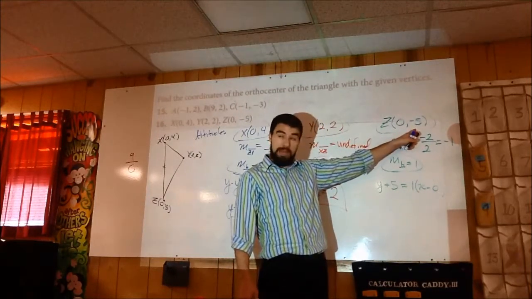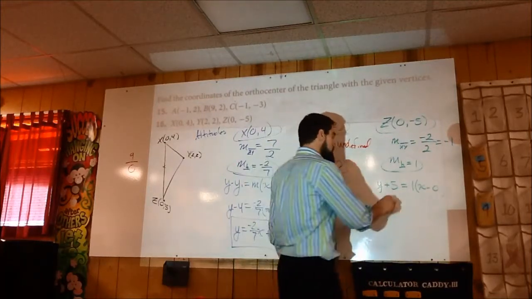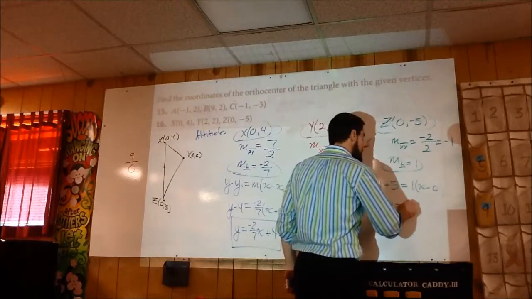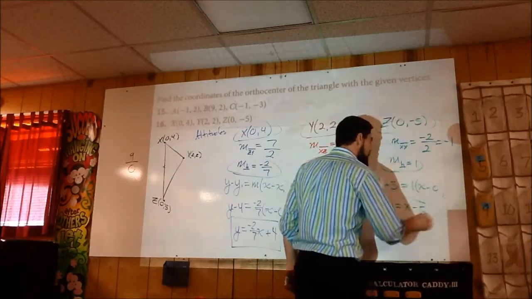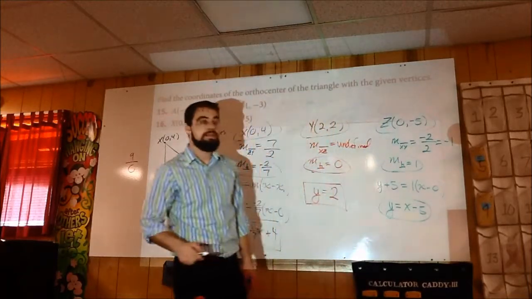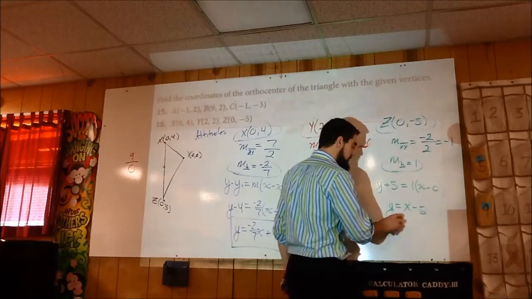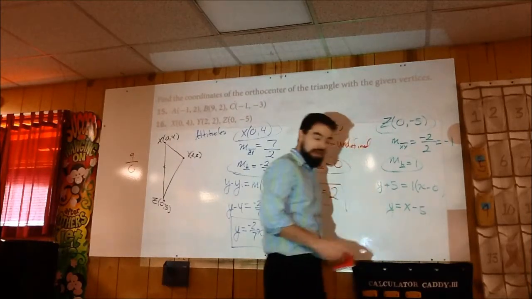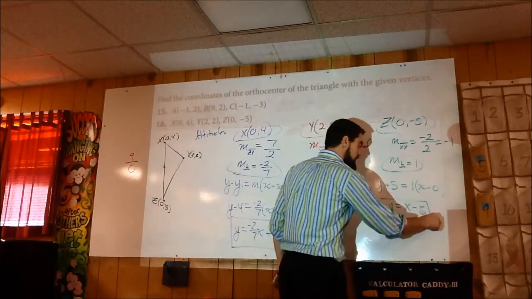So when you subtract -5, it's like adding a positive. So we get that y, in the end, after distributing and simplifying, is equal to x minus 5. That is the equation: y equals x minus 5.